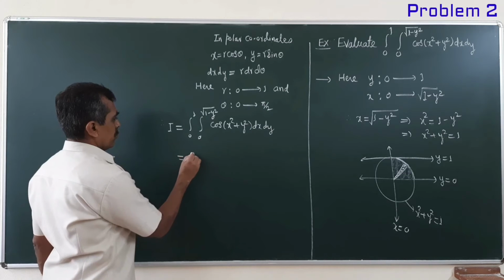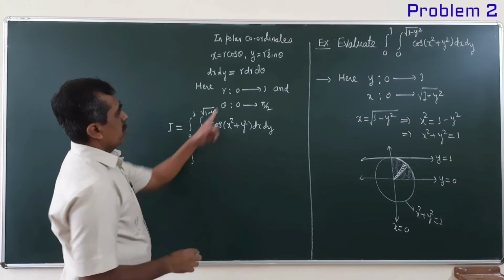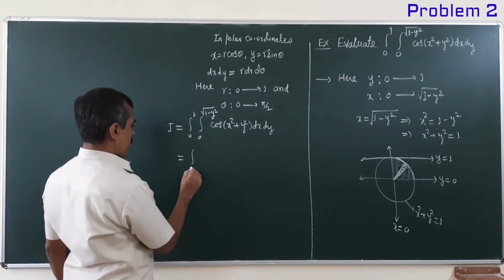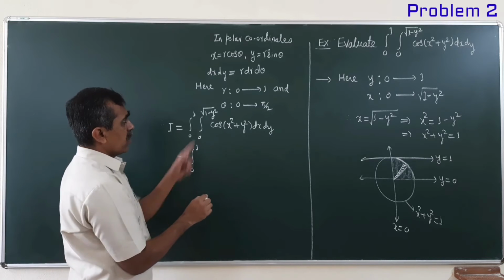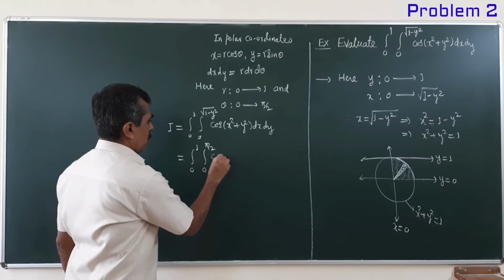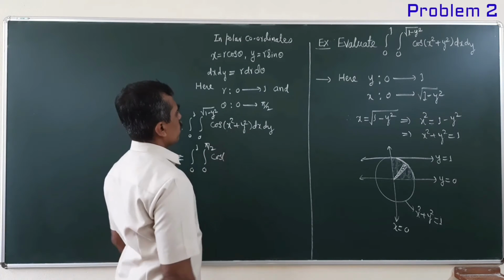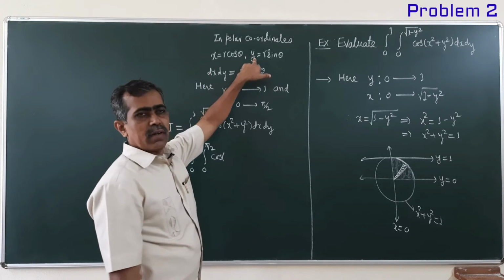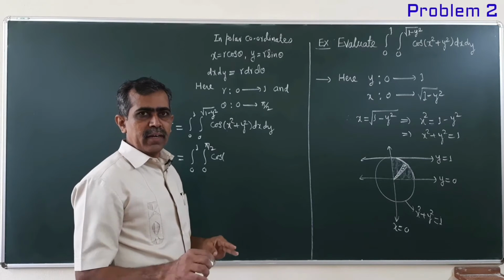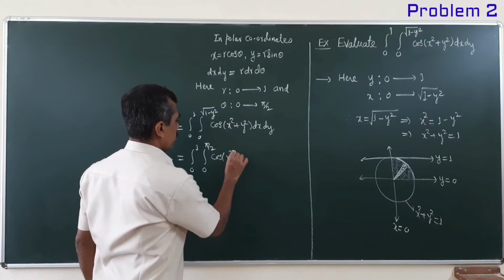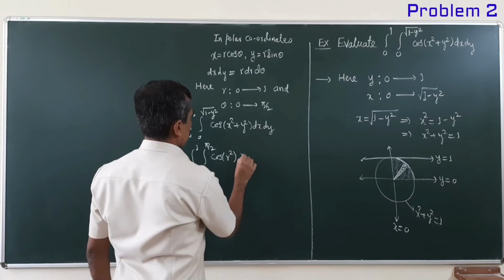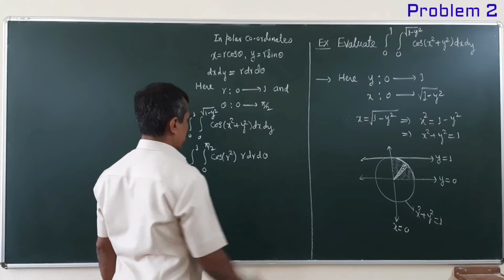This equals the integral where r runs from 0 to 1 and theta runs from 0 to pi by 2 of cos of x square plus y square, which is r square cos square theta plus r square sin square theta. So r square into bracket cos square plus sin square, which is simply r square. So cos of r square, and dx dy is r dr d theta.